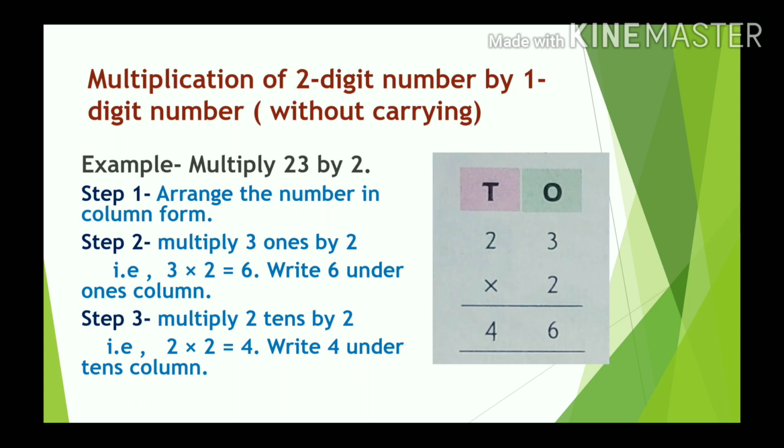After that we have multiplied first 2 into 3, so we get 6, which is written under the ones column, and then 2 into 2, which is 4, and we have written 4 under the tens column.